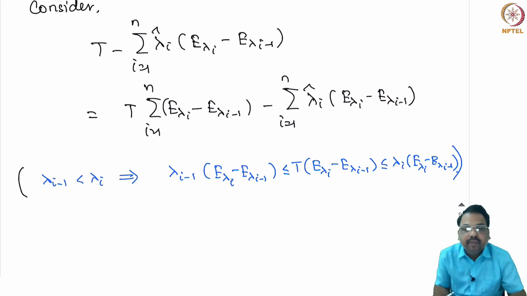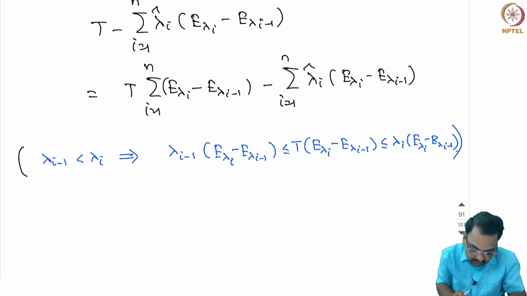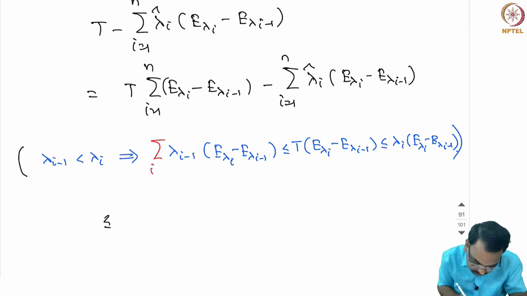This result we know. Now this is true for every i, so we can take the summation, i equal to 1 to n.